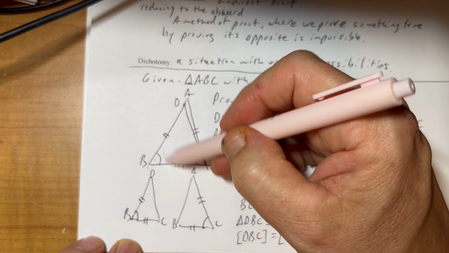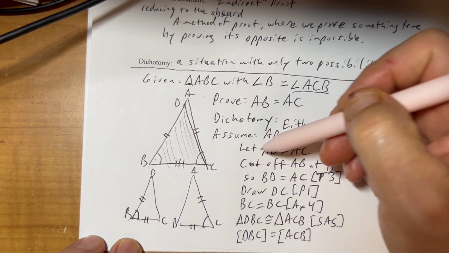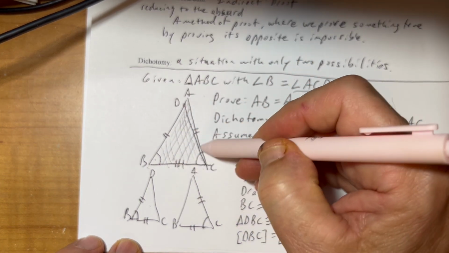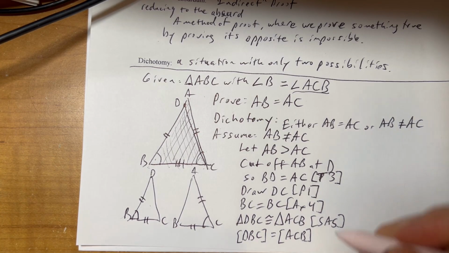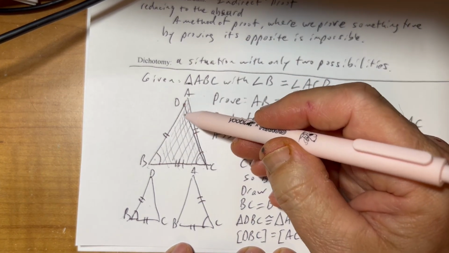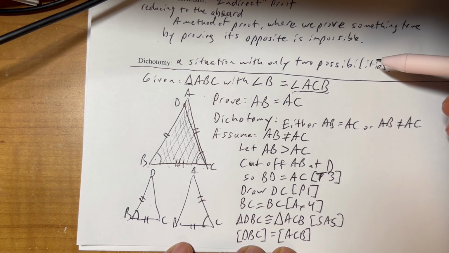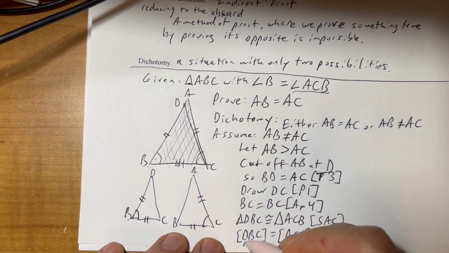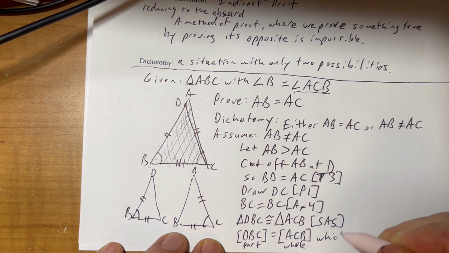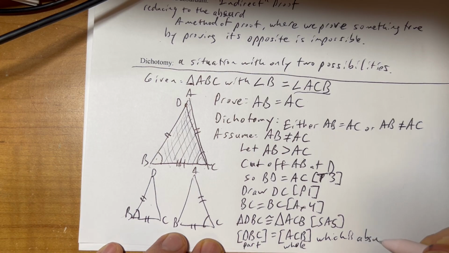If we say that the area of this clearly smaller triangle is equal to the area of this larger triangle that it's a part of, then what does that contradict? It contradicts the whole is greater than the part. So here we have the part of the triangle, and it's equal to the whole, which is absurd.